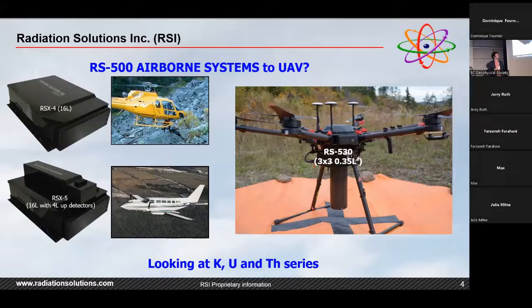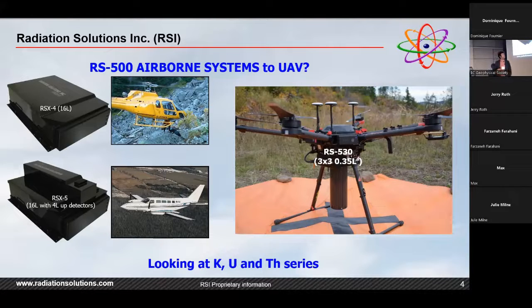We based all our knowledge on those kinds of crystals. And now we are translating that into a 3x3 crystal attached to here a Matrix 600. So obviously there is a big trade-off in terms of sensitivity between 16 liters and a third of a liter detection volume.